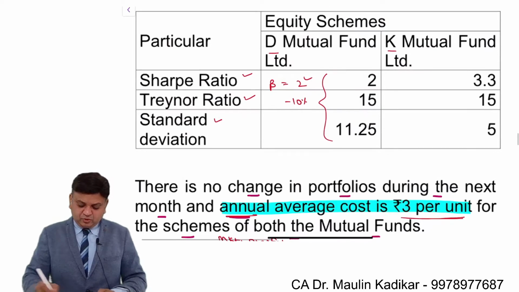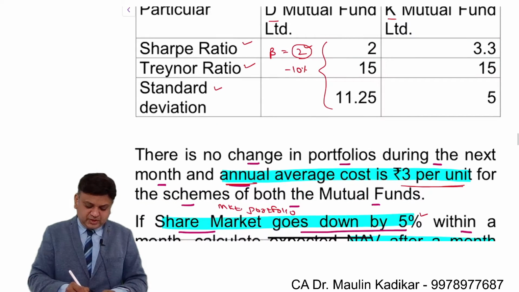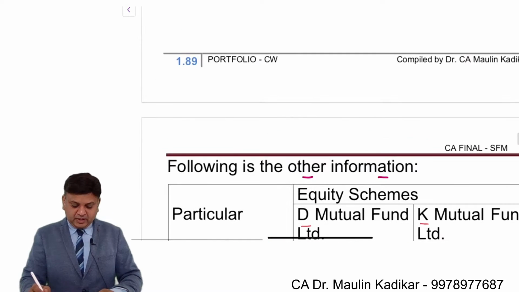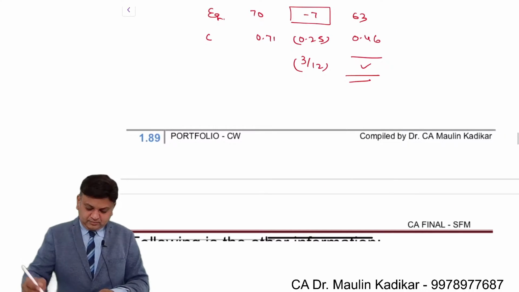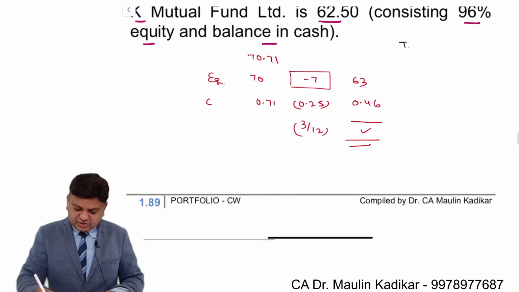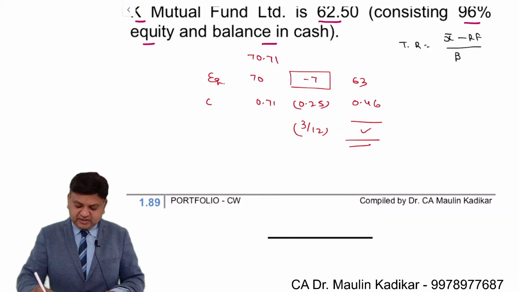Now how to calculate the beta? For beta calculation, we use the information of Treynor's ratio. Treynor's ratio is equal to Rp minus Rf divided by beta. I want the answer in terms of beta.